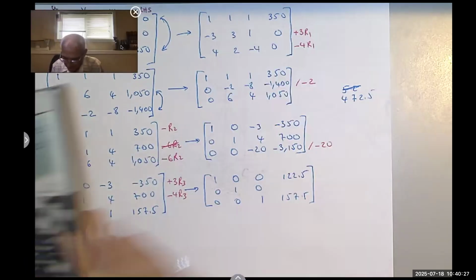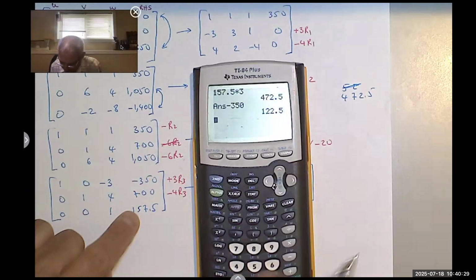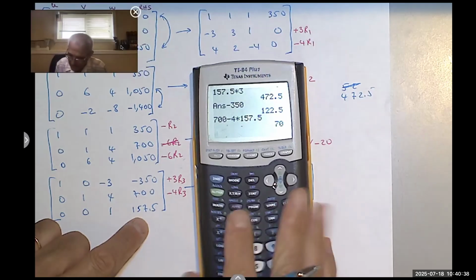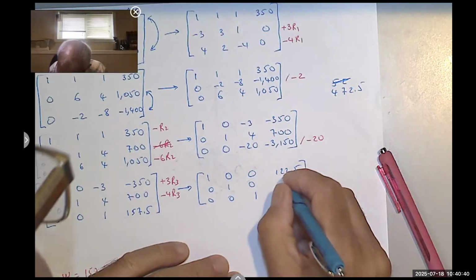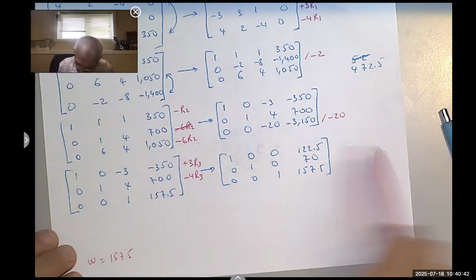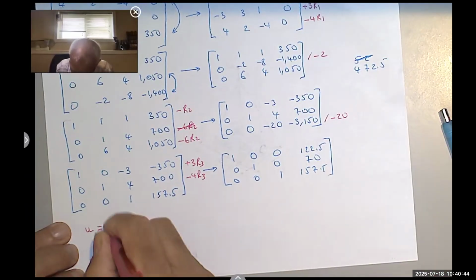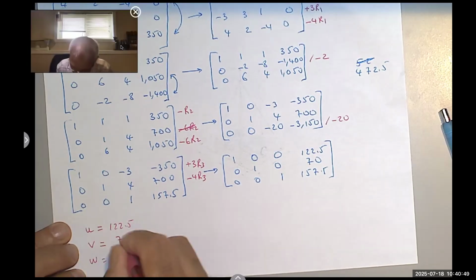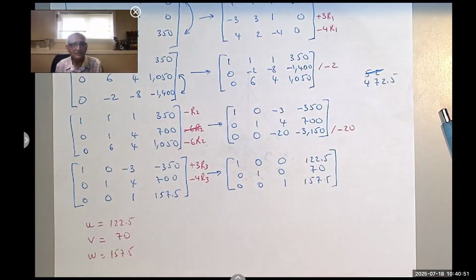So you will end up with 70 here, right? 700 minus 4 times 157.5. Yes, it's 70. So we get U equals 122.5, V equals 70, and W equals that.